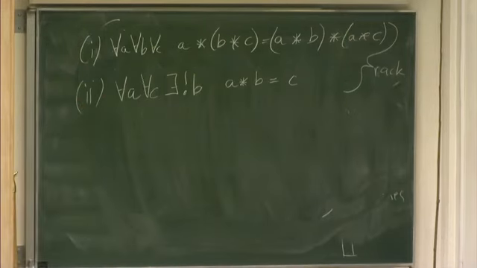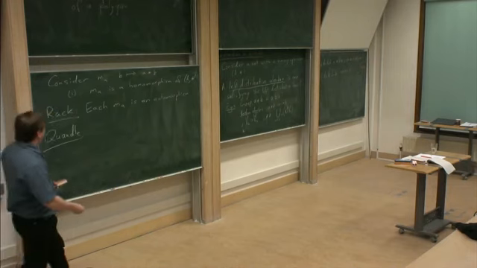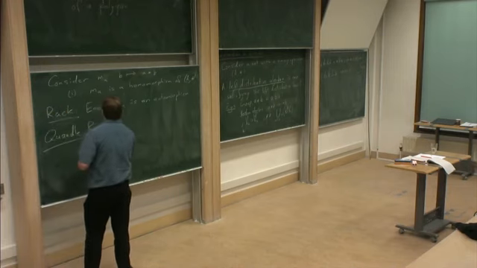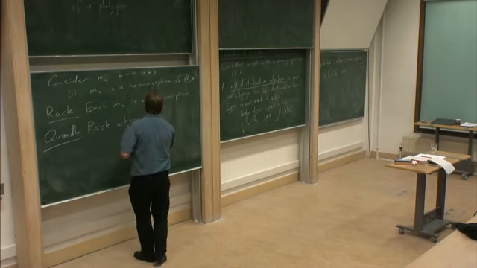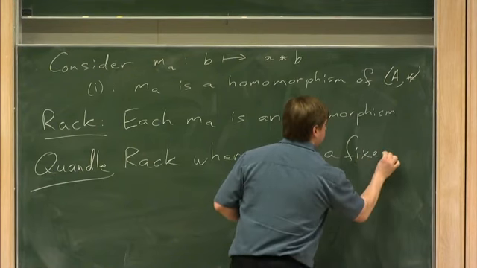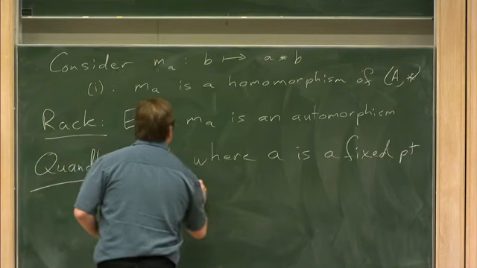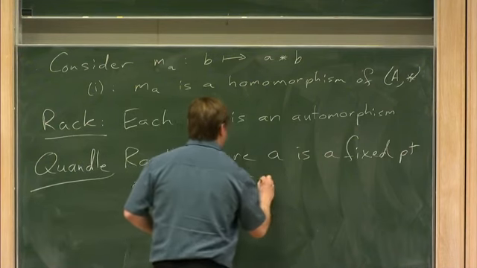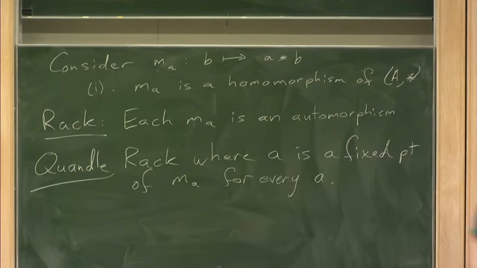All right, now on to quandles. So a quandle is a rack where A is a fixed point of M_A for every A. Okay?